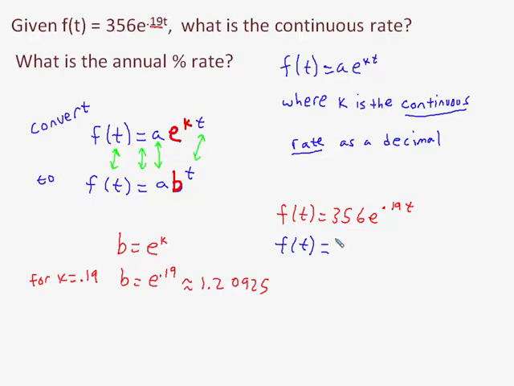So if this a is 356, the a in my converted formula will be 356. And I'm still going to be using the input variable t. It's just where there was an e to the k before, i.e. e to the 0.19, we are instead going to write that as a single b value of 1.20925. So having said that, this is in the more familiar form now of y equals ab to the x, where my growth factor is here.